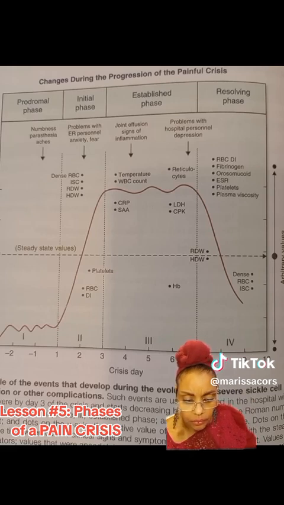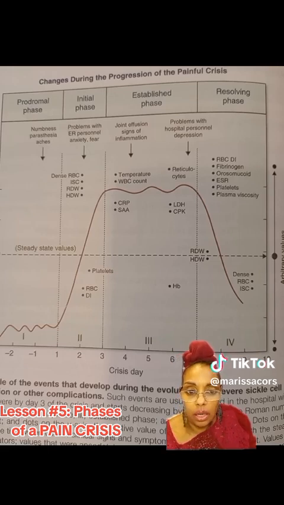And basically what you see is a raised white count still, possible temperature, joint effusion, signs of inflammation. You're probably going to have severe pain, joint pain, maybe even organ pain, depending on the type of crisis you're dealing with.